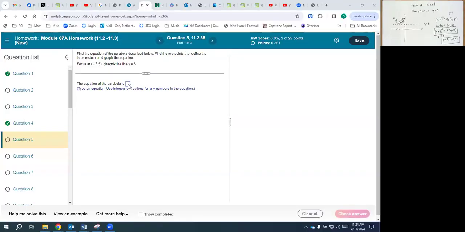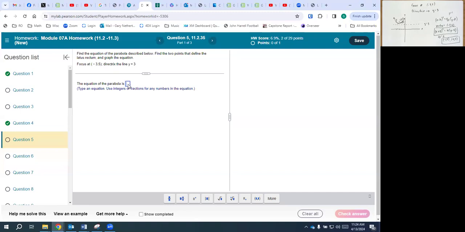All right, so we said the equation is x plus 3 quantity squared equals, oh, one thing I forgot to say, should this be a positive or negative?